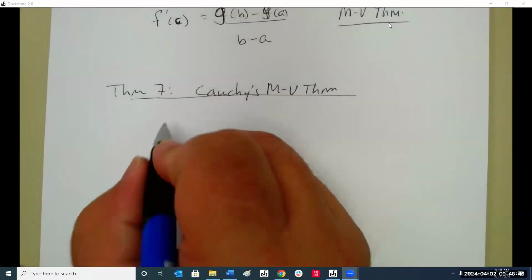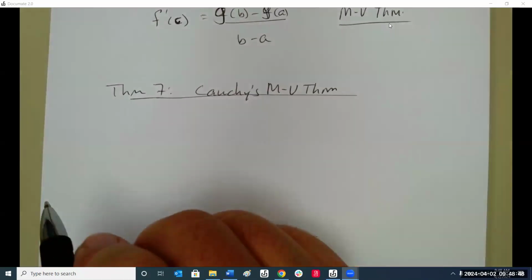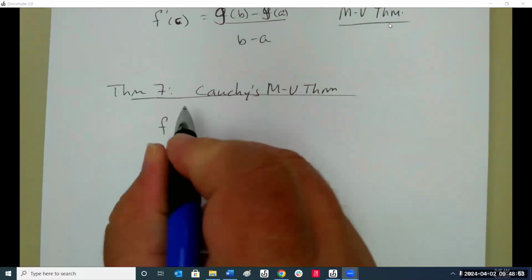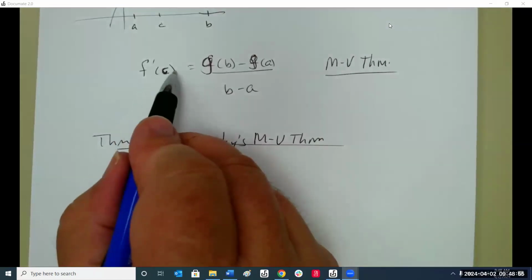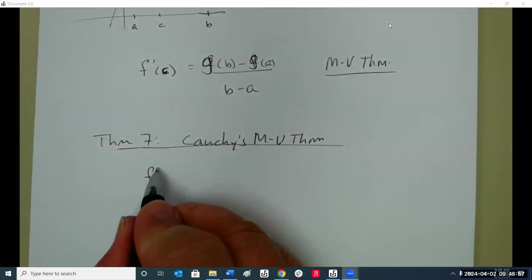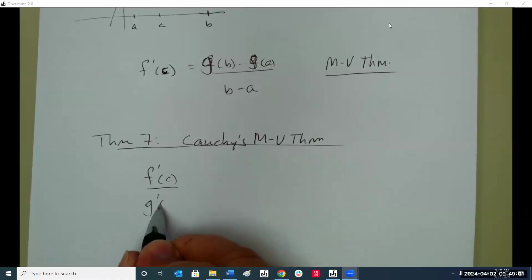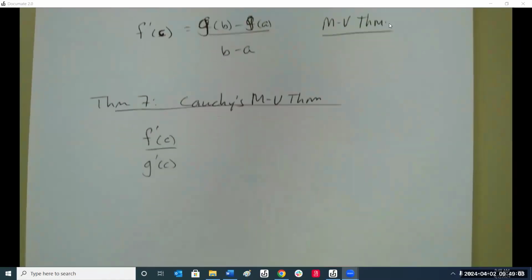What he's saying with respect to what we just talked about, the L'Hopital's rule, is that instead of just one function, we're now going to deal with the derivative of two functions at a single point.